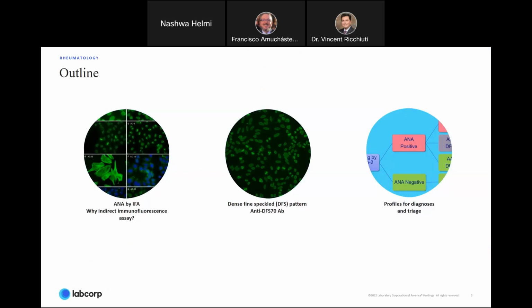And we're going to also answer the question, why are we using indirect immunofluorescence assay called IFA? And then we're going to dive into the dense fine speckle pattern and the associated antibody anti-DFS70. And then we will talk about profiles for diagnosis and triage of our patient.